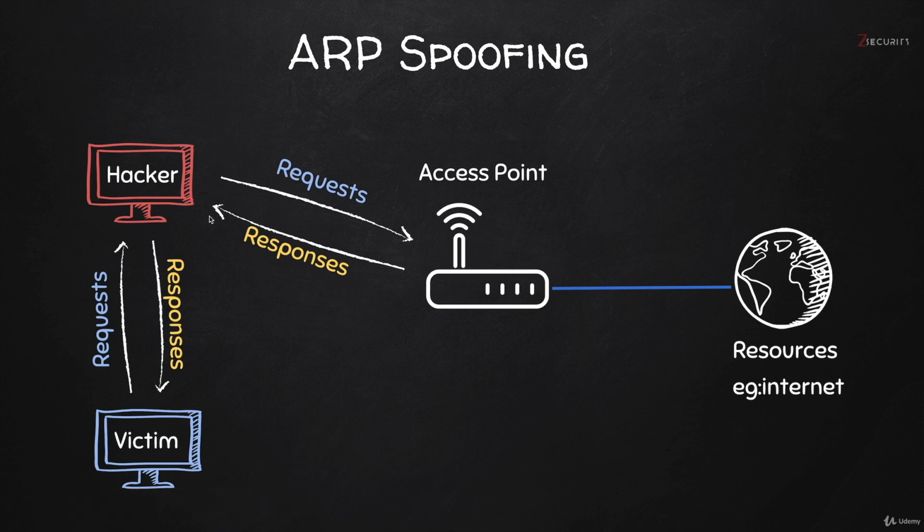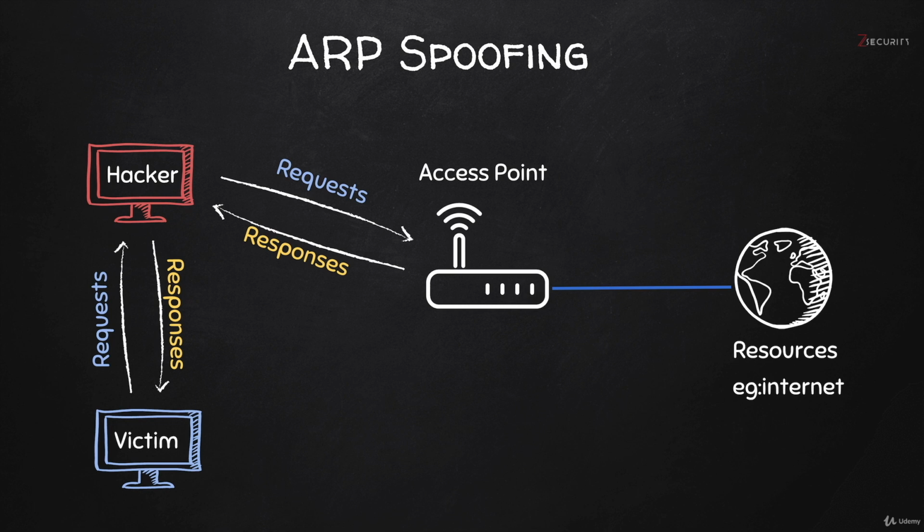This means that any messages, any websites, any images, any usernames, any passwords entered by the target will have to flow through my computer. This allows me to read this information, modify it, or drop it. So as you can see, this is a very serious and very powerful attack, and the reason why it is possible is because ARP is not very secure.